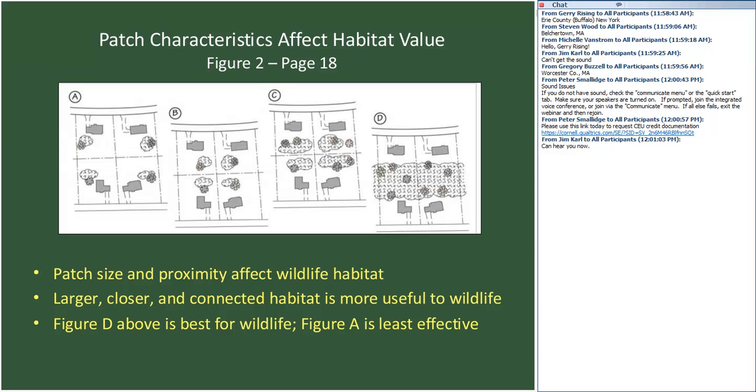But if you had those 4 properties, again, as you see in the illustration B, if you had the same size patches, but they were located a little bit more closely to one another, then that would increase the benefits. In C, you can see that they're located close to one another, and they're quite a bit larger, so the value starts to increase.